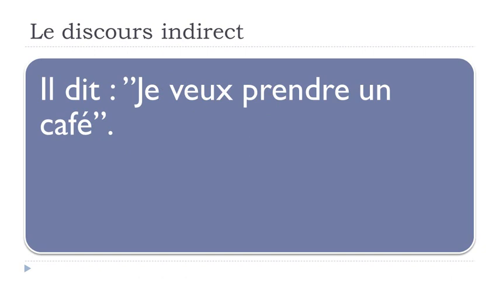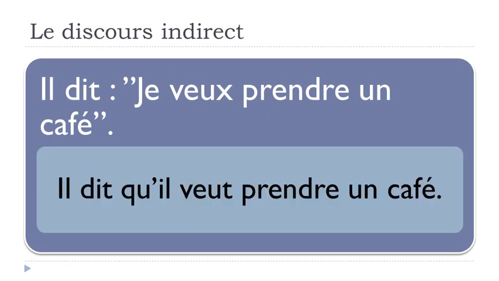So if you want to transform this sentence, it will be a bit different, because in the first sentence it was quite simple, because you had this il and elle, but in that case, of course, you've got the je veux, and you need to transform this thing, so you need to adapt it, because here we've got the subject, so subject is masculine and then it's at the third person, so il dit.